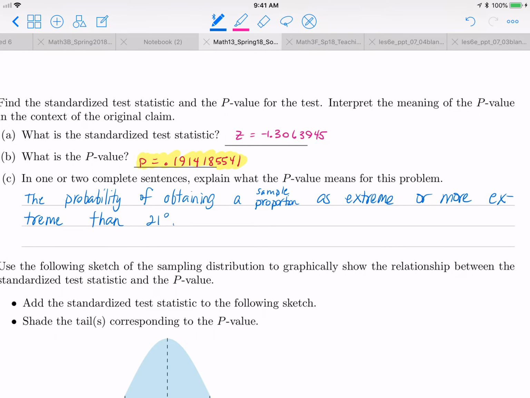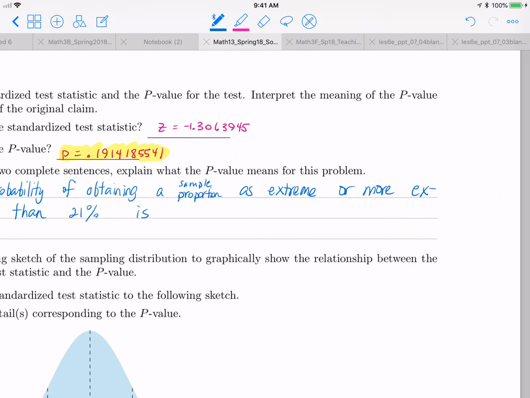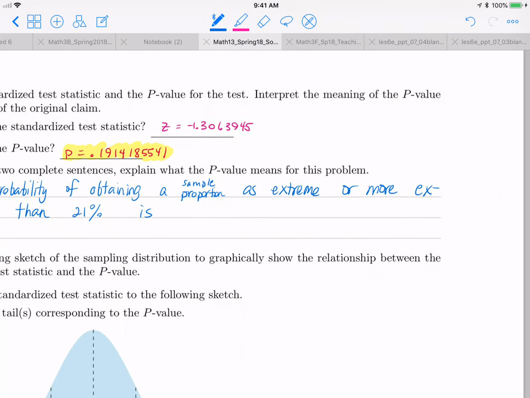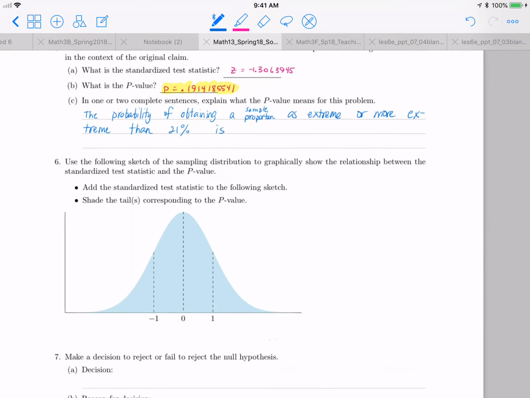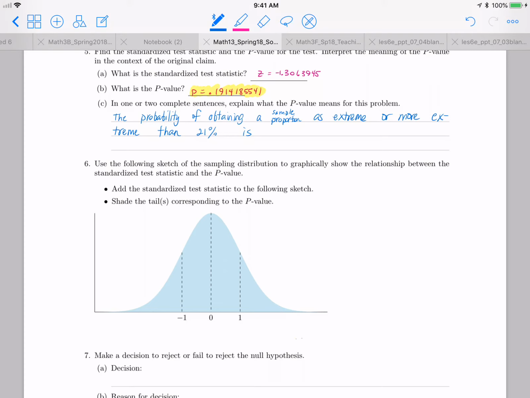What is that probability? What is our p-value? 19%, right? Because we've got 0.1914.